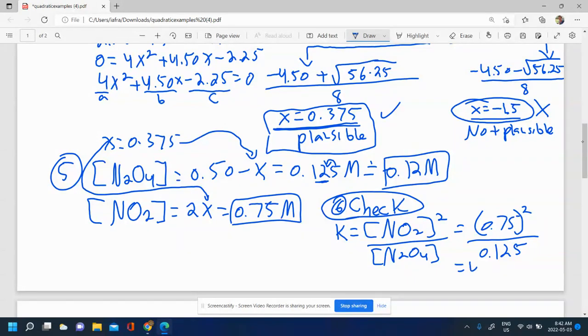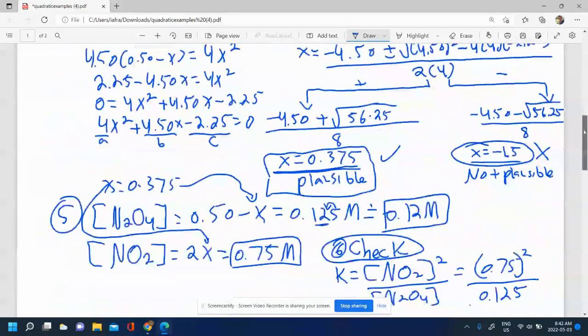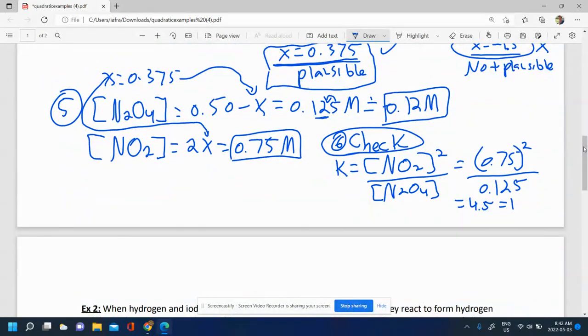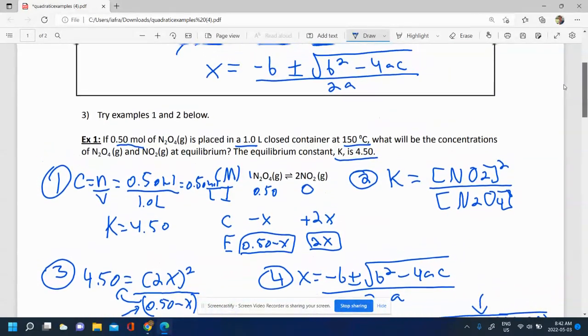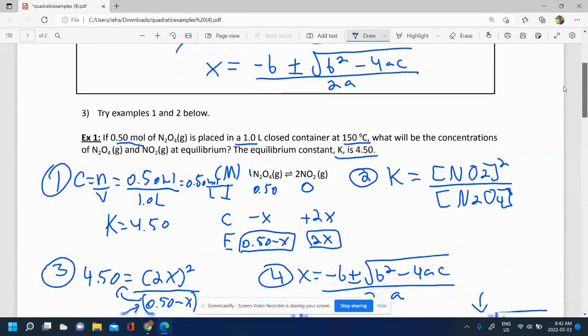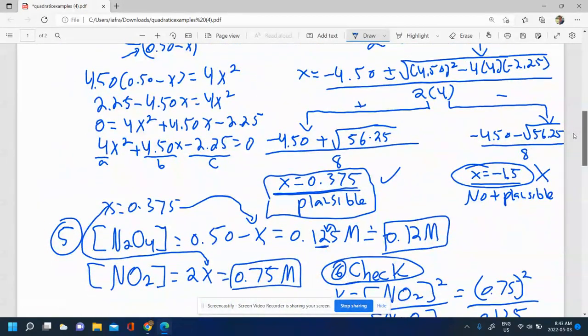And I get 4.5, which is what was given in the question. So therefore, those equilibrium concentrations are correct. And so essentially, as you saw, it was the same process that we did for other questions. It's just that now to solve for x, we had to use the quadratic formula.